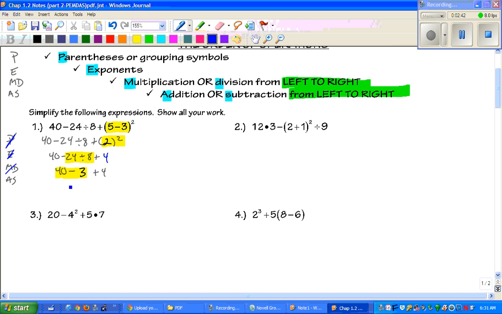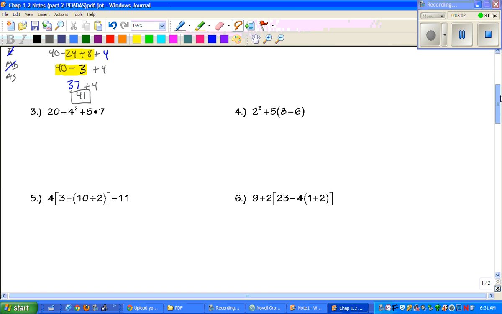That's what we have to do. The 4 just stays back there. And the last thing, add it up. And we're done. Let's move that up a little bit. And 41 is our answer. All right, let's move on to number 3.